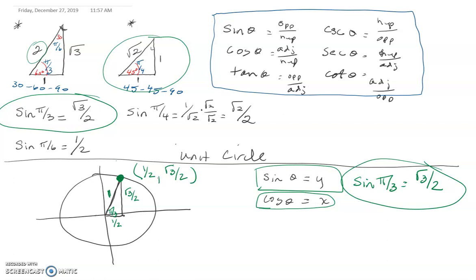So when you convert everything down to your unit circle, because the hypotenuse is now just a 1, only on the unit circle, your sine becomes your y value because it's opposite over hypotenuse. Well, the hypotenuse is 1, so it's just the length of the opposite side, which also happens to be the y value. And the cosine is the length of the adjacent side, which also happens to be the x value.